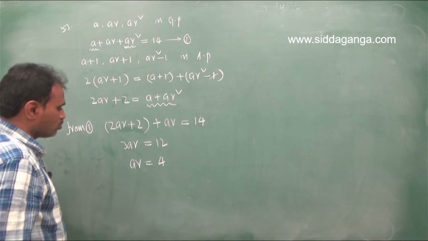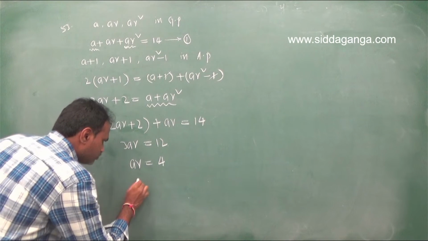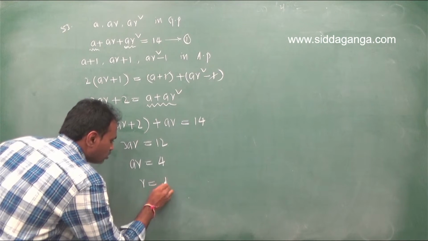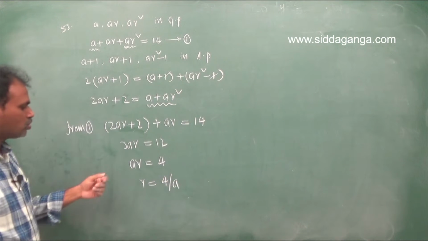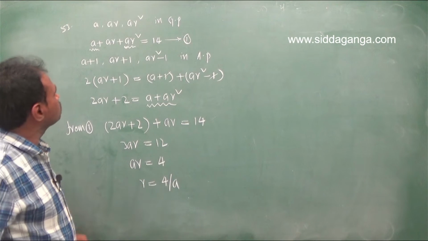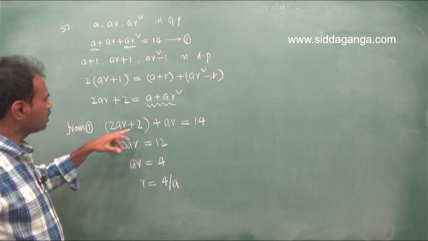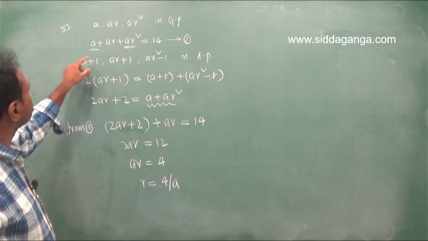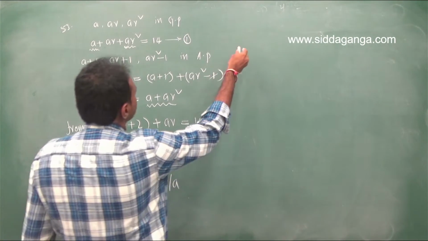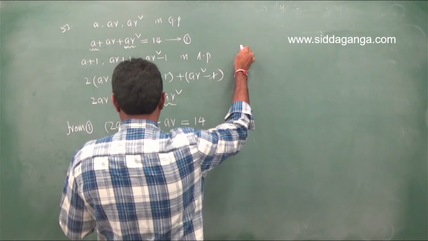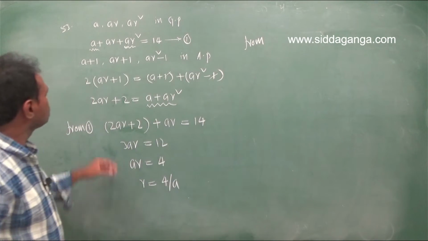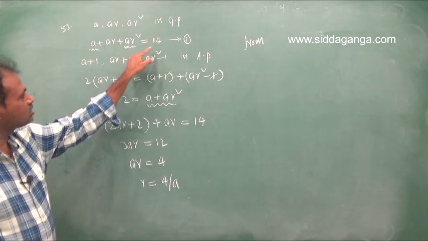AR equal to 4, then R equal to 4 by A, or A equal to 4 by R. Now substitute this R value in one of the equations. From equation number 1, A plus AR plus AR square equal to 14.